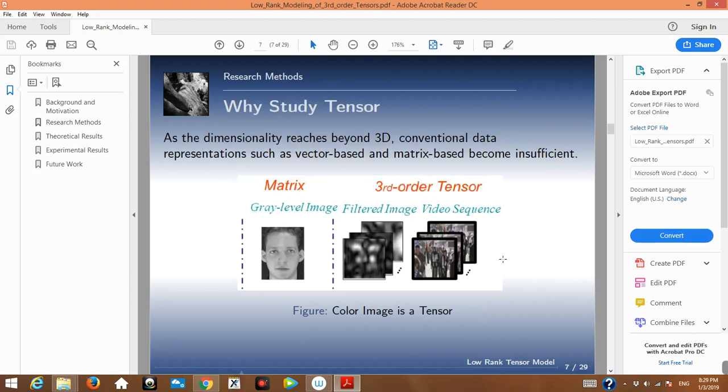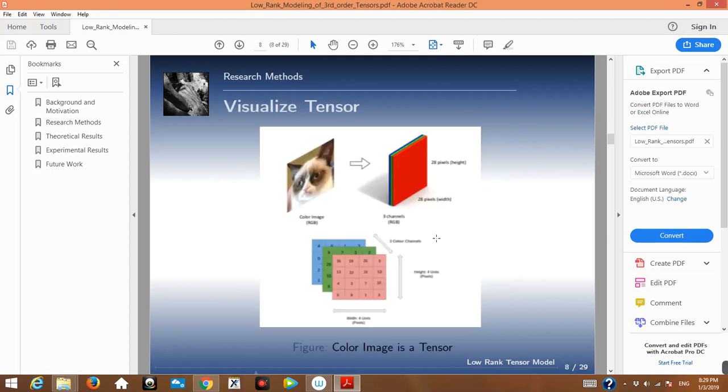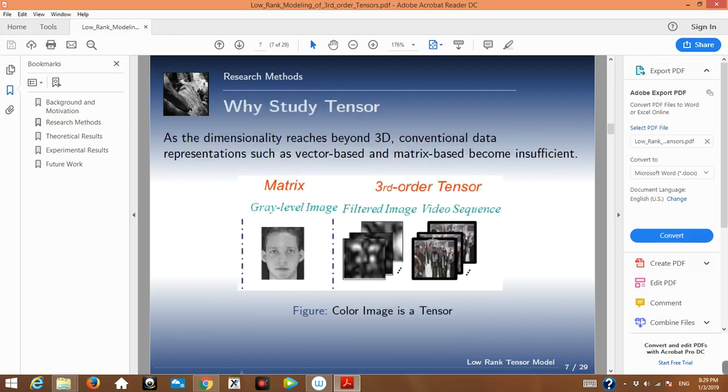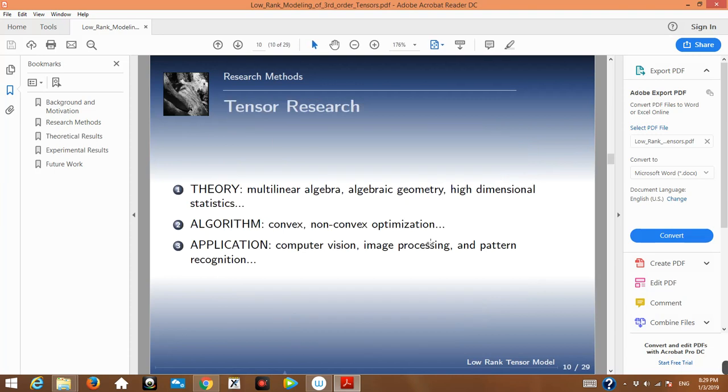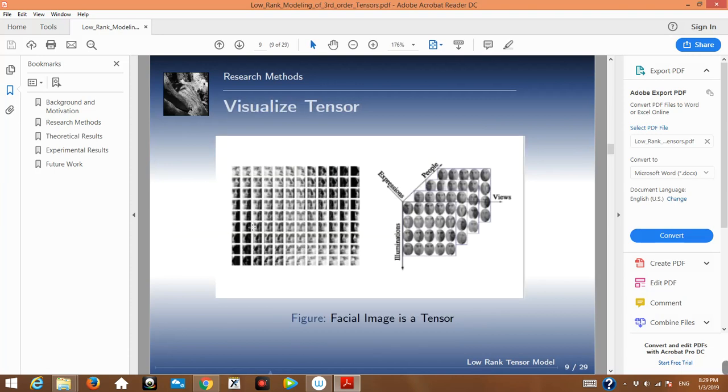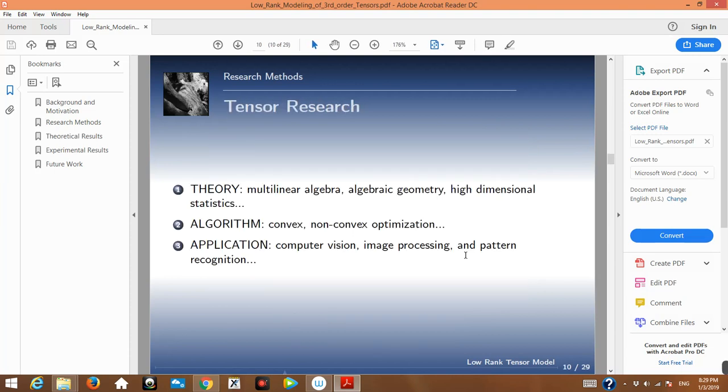In one sentence, as the dimension becomes bigger, it is not sufficient to use matrices to deal with those data sets. So we introduce tensors.